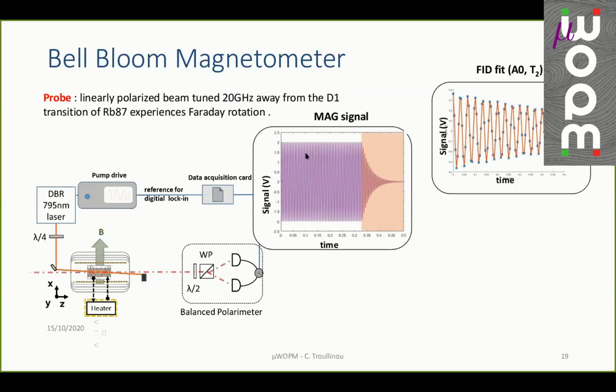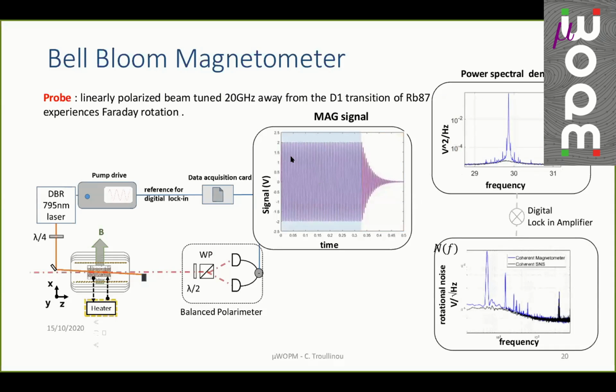So we have the main part, an oscillatory signal at the modulation frequency of the pump. And when we turn off the modulation of the pump, we see the FID signal that looks like this. From fitting of the FID signal, we can get two parameters, the T2 decoherence time and the A naught, which is the maximum amplitude of our magnetometer.